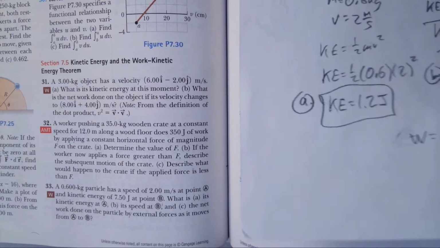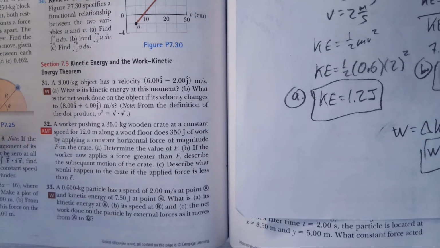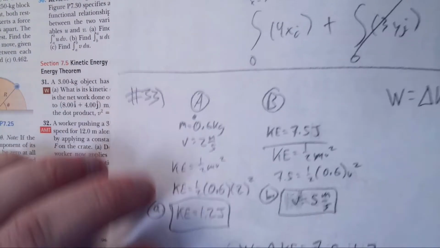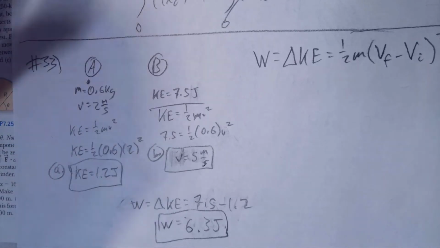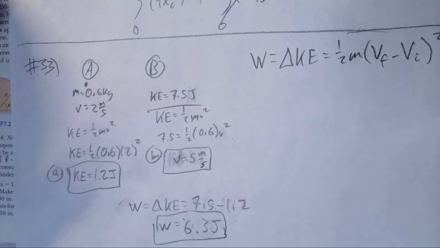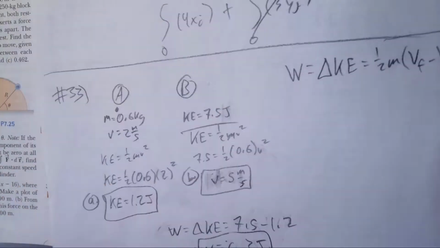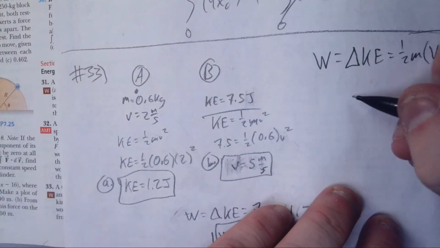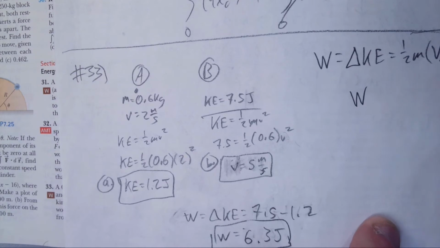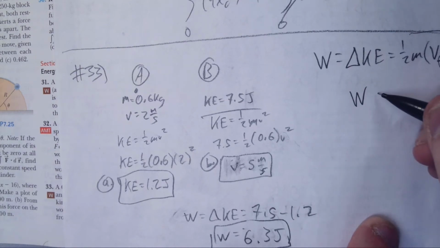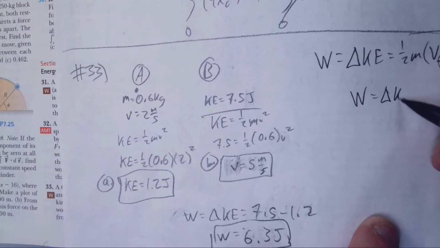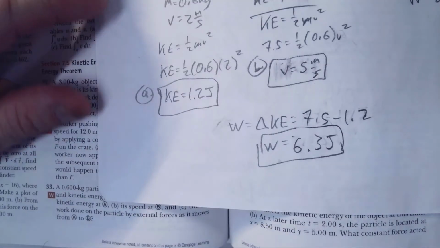Then part C, they say, what is the net work done on the particle by the external forces? And this is where understanding the work kinetic energy theorem comes in. This is the work kinetic energy theorem, this is the equation. We don't necessarily need it here. All we need to do to find the net work, the summation of that, is the change in kinetic energy, as I mentioned down here.